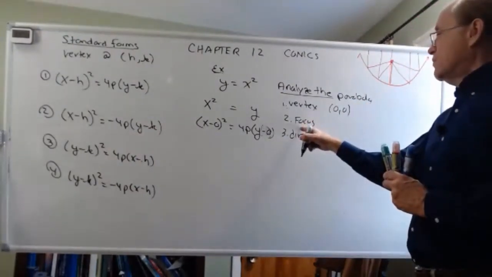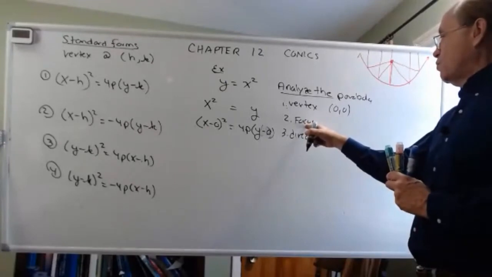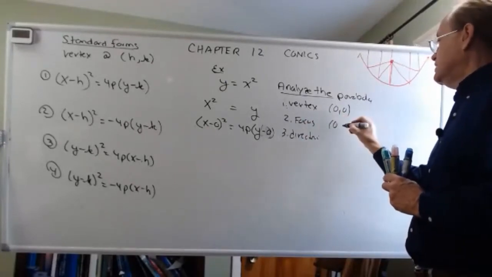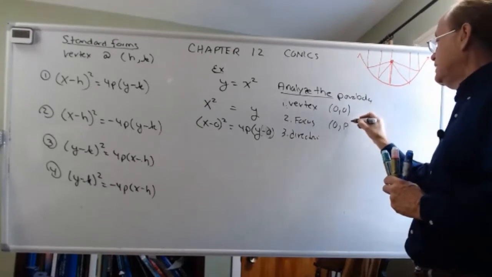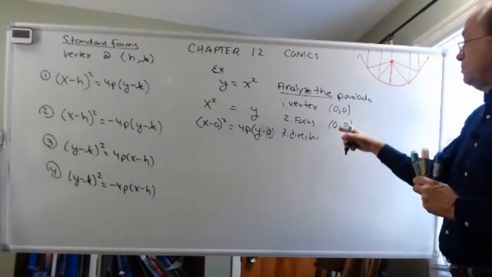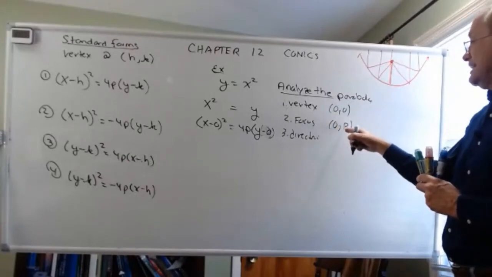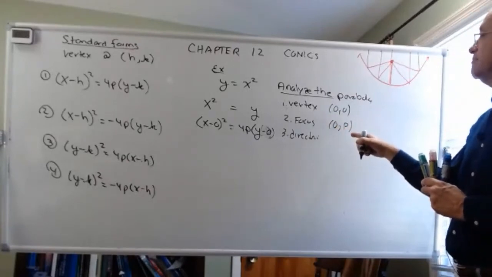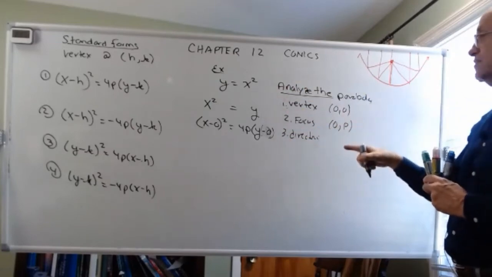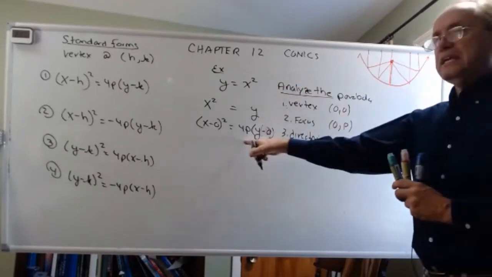Well, the focus is going to be that y coordinate. Remember, it's going to be 0, p. If it was centered at another location, it would be h, k plus p, but the vertex is not. So I have to find what p is.